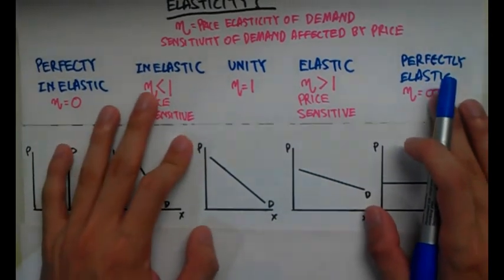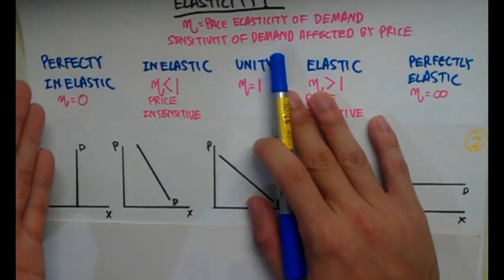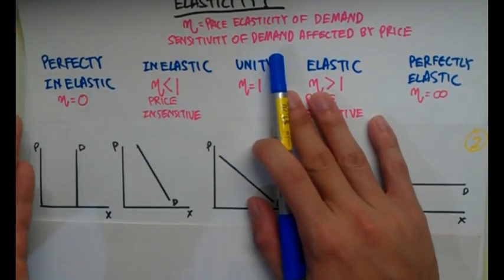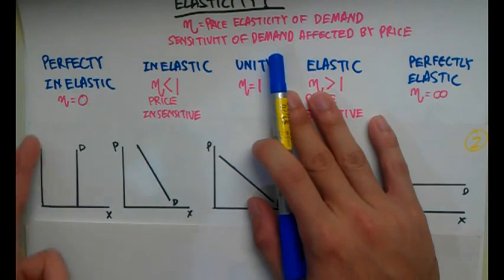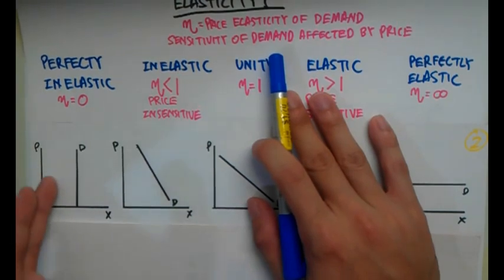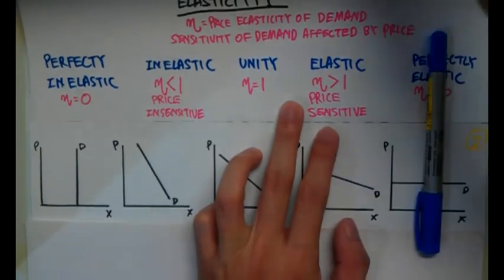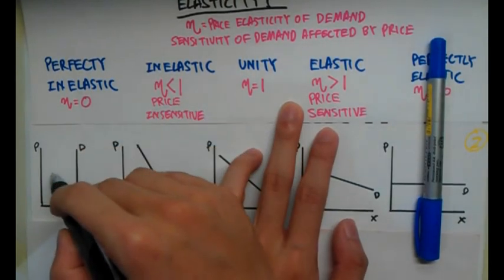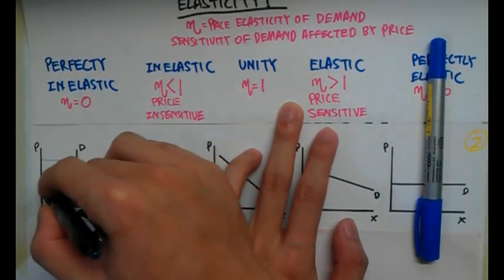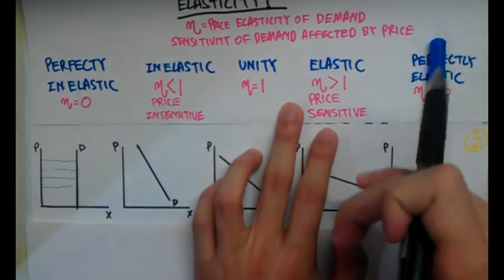Now, let's explain inelastic first. So when we talk about a consumer being perfectly inelastic, it goes to show that he is not sensitive to price at all. So you can see that on this curve over here, no matter what price the firm charges, the demand will always be constant at this particular point here.